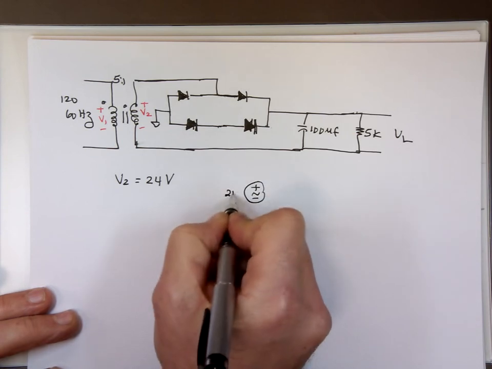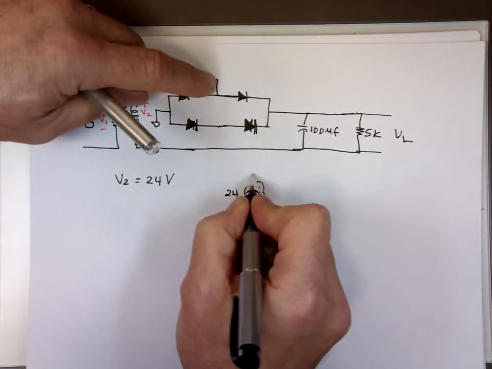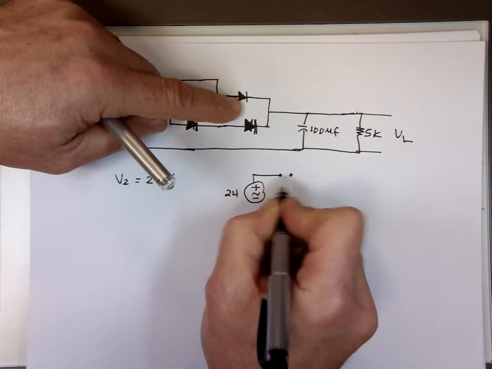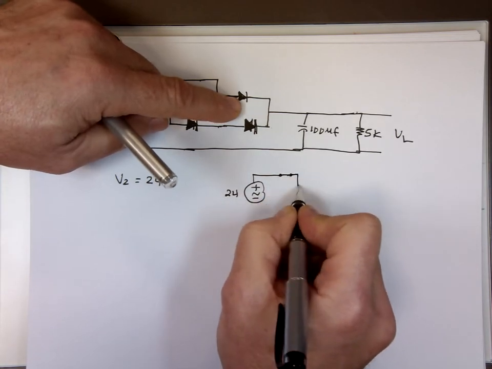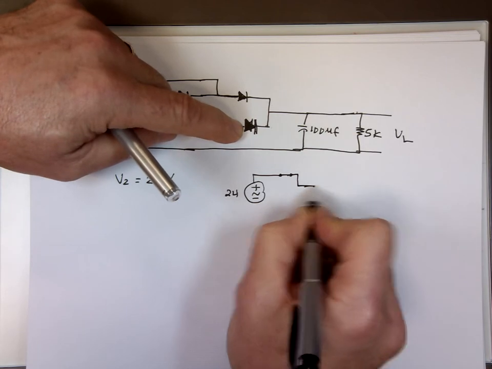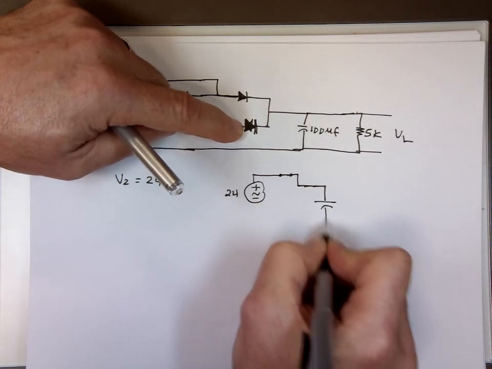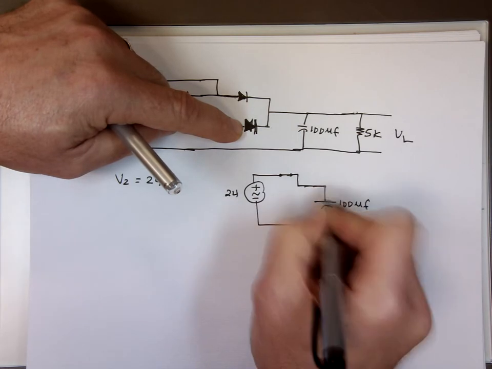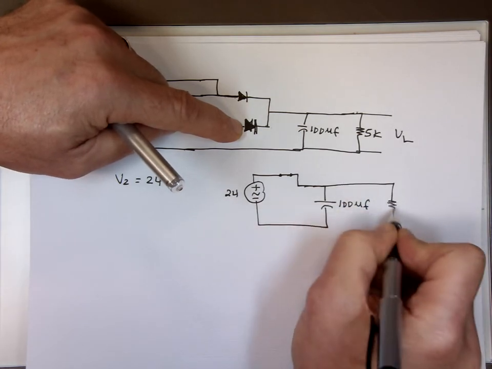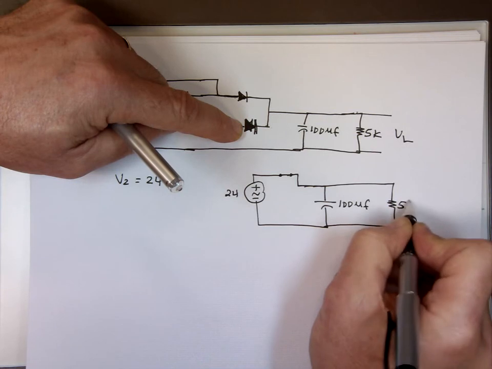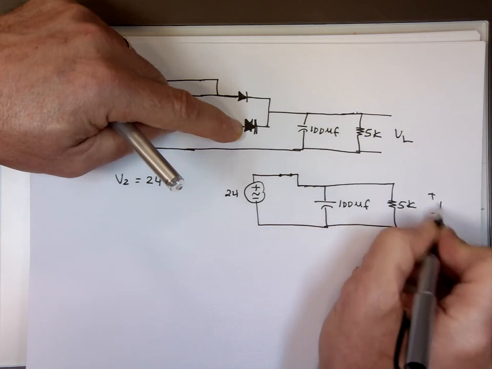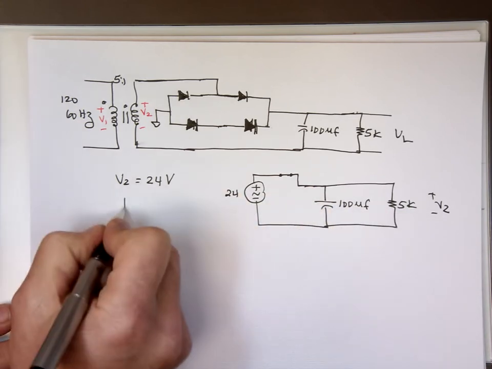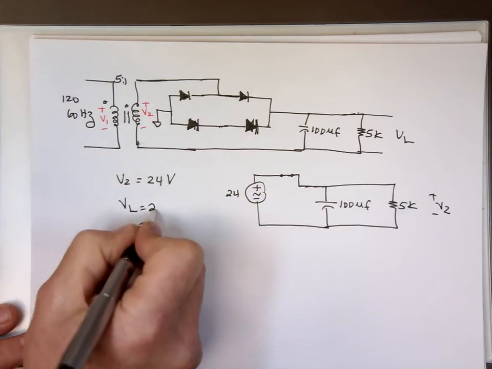Up there, if it's ideal diode, that's 0 voltage here, short circuit. This will be reversed, that will shut it off, it will not be on. 100 microfarad, 5K, and there's VL. So you can see the three of them are connected in parallel. That means VL equals 24 volts, and that's an AC value.